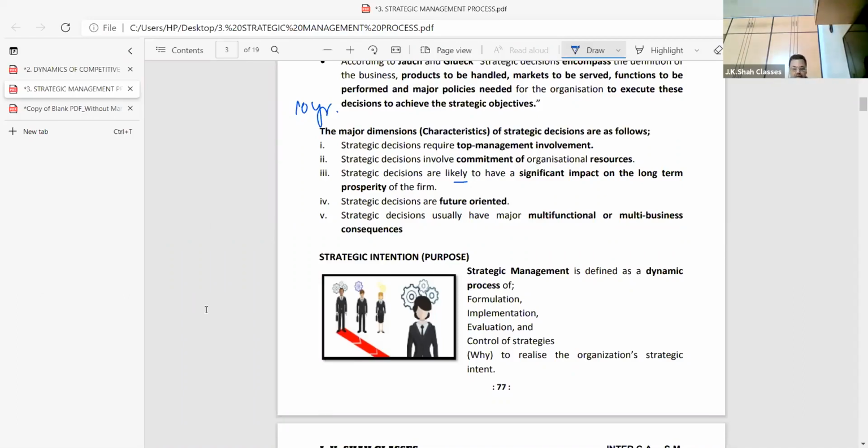I told you all, students, one wrong decision taken at the corporate level will make the company pay badly in future, and one good decision will help a company reap good benefits. So it's likely to have significant impact on long-run prosperity. Future oriented: today you take a decision, returns come in future.